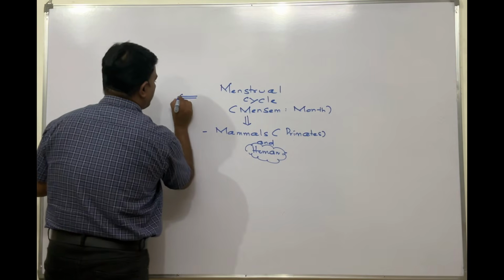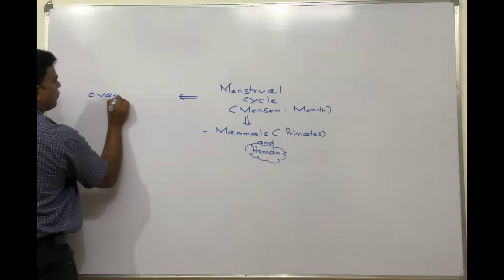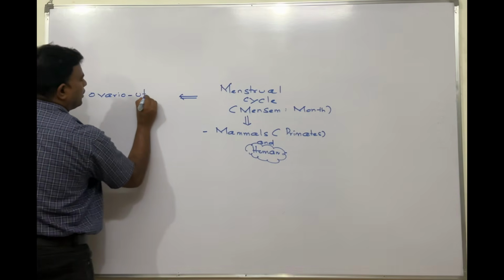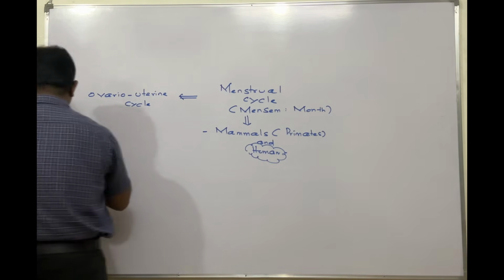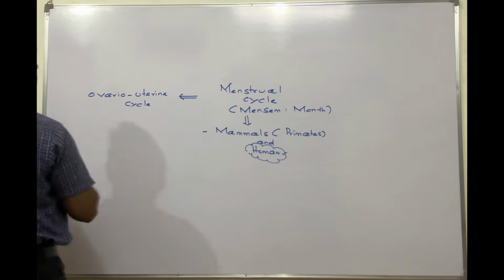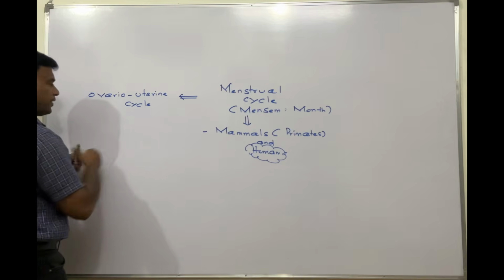The second point which attracts my attention is that it is known as the ovario-uterine cycle. That means in this cycle a partial role is played by the ovary and a partial role by the uterus.